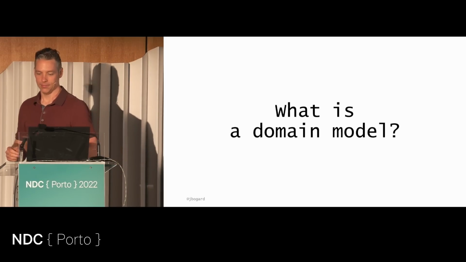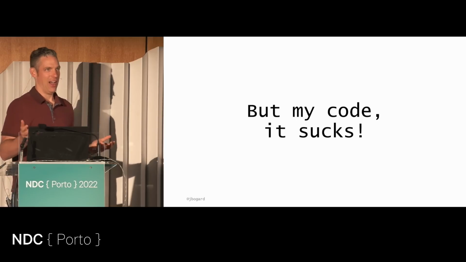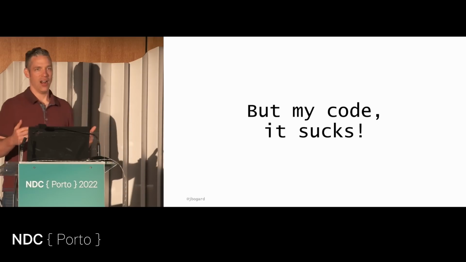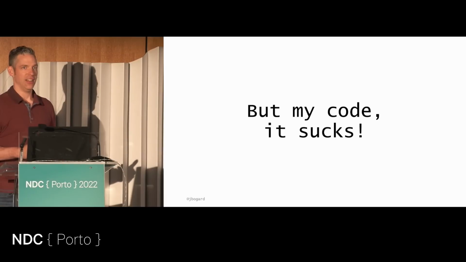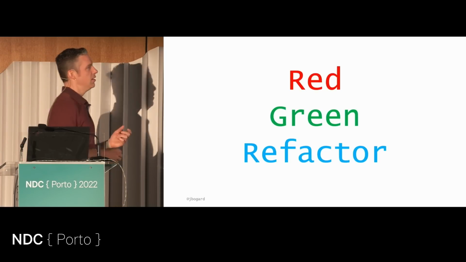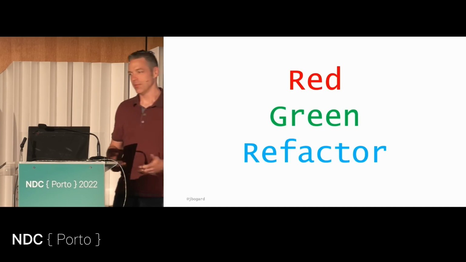Yes, but my existing code, it sucks. So how do we take the code that exists today and then try to represent this domain model idea in our actual code base? Well, one great way of doing this would be to use test-driven design that has these three steps of red, green, refactor.